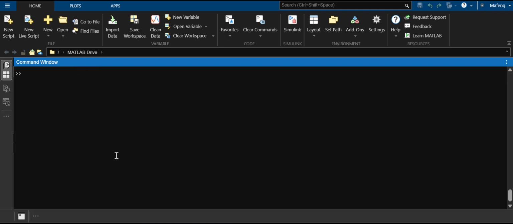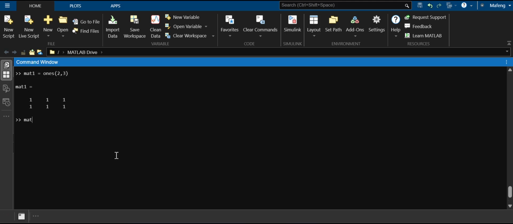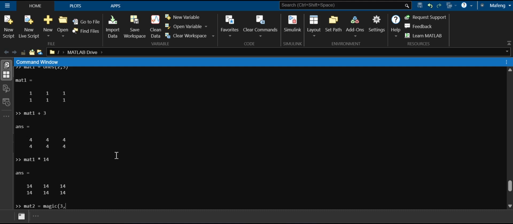So let's quickly go through what we've done with matrices now. If I have, let's say, mat 1 being ones, 2 by 3, so mat 1 plus 3 adds 3 to everything, mat 1 times 14 multiplies everything by 14, mat 1 minus, let's say, mat 2, magic 3 by 3.